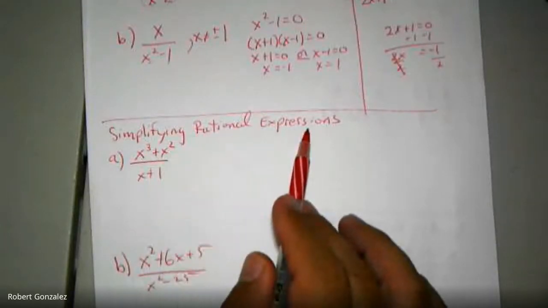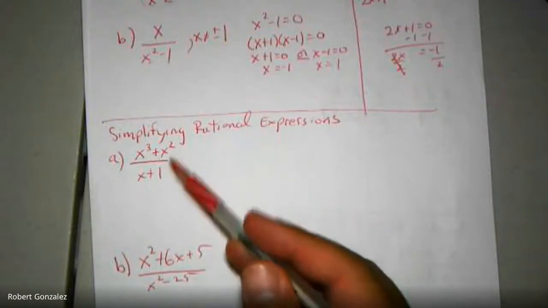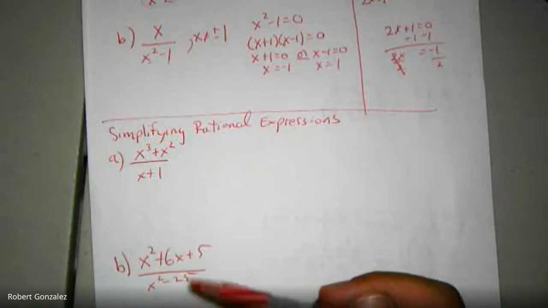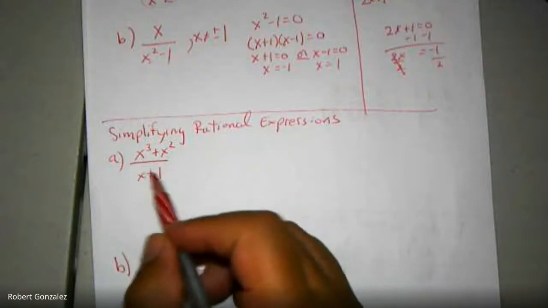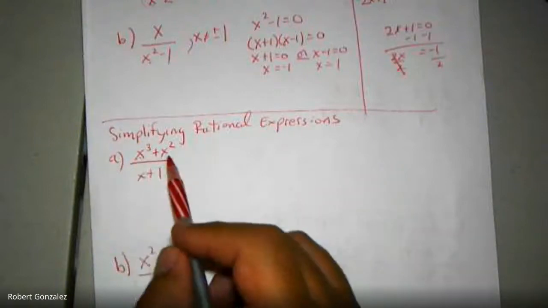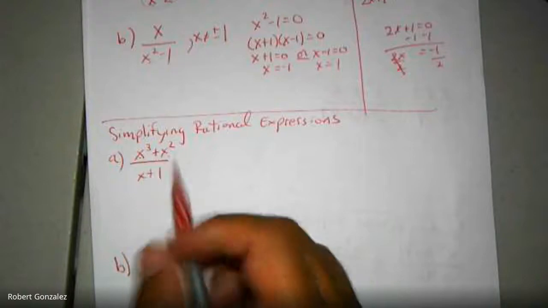Simplifying rational expressions. Okay. A rational expression is not simplified until the greatest common factor between the numerator and denominator is 1 or negative 1. So all you have to do is factor and cancel. I look at the top here, and I'm going to do the same thing we've been doing on our worksheet today.